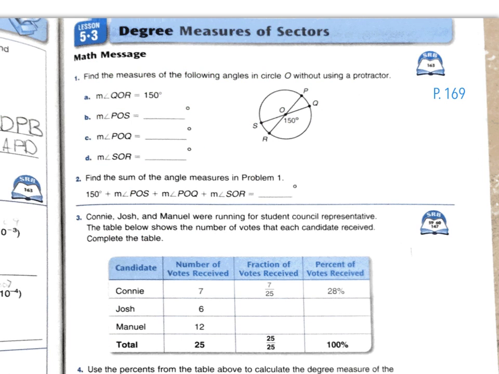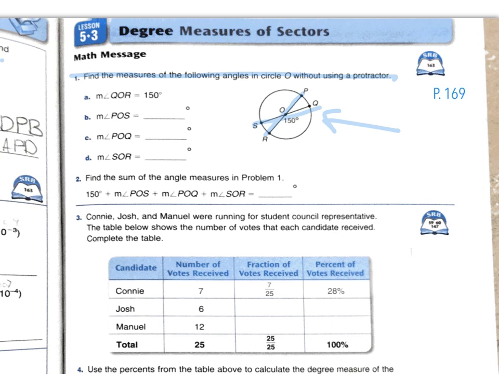You should be on Math Journal page 169, and we're going to look at the math message first. Find the measures of the following angles in circle O without using a protractor. So this is what we did yesterday, and it looks a little different possibly because it is a circle, but we can still see that we have two straight lines that are intersecting, which creates vertical angles.